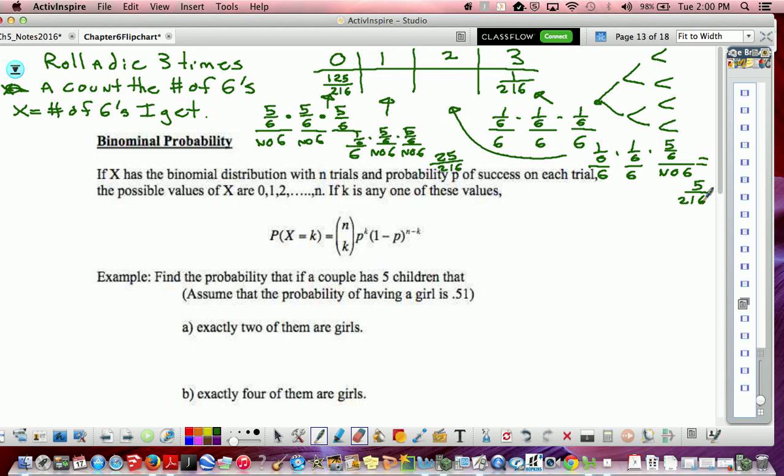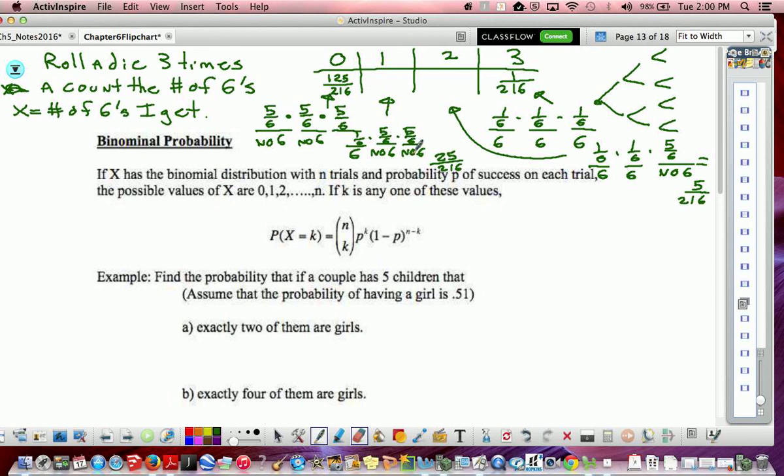And here's the issue with just trying to calculate these ones that are in the middle, meaning, between 1 and 2. On the outsides, they're pretty cut and dry. But when I look at this 6, no 6, no 6, is this the only way I could have ordered it? No. Could have gone no 6, 6, no 6?